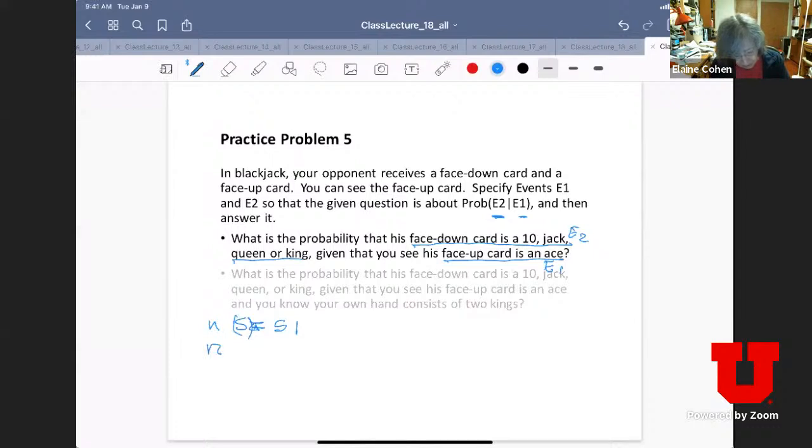What are the number of events in E2 given E1? 10, jack, queen, or king. So there are 16 of them.